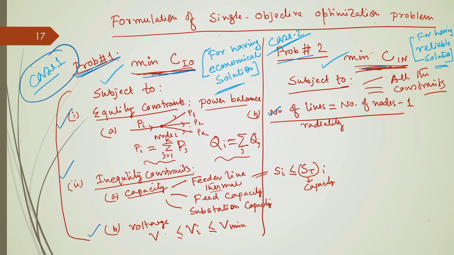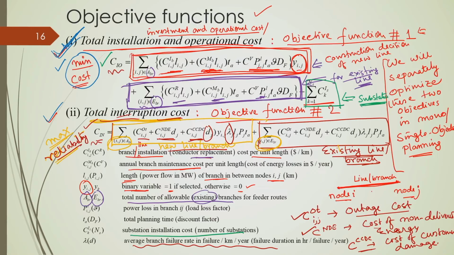Similarly, the second planning problem is to minimize the other objective, which I mentioned next, that is the total interruption cost. By minimizing this objective function we can maximize the reliability of the network, and we get a solution which would be a reliable solution.